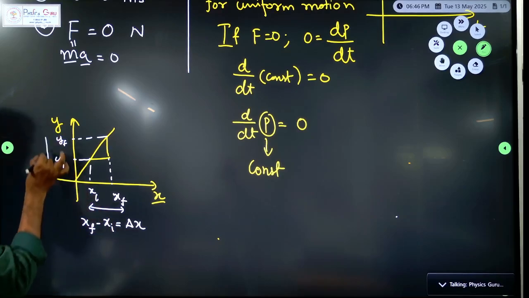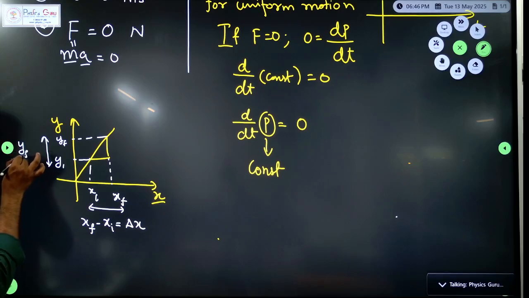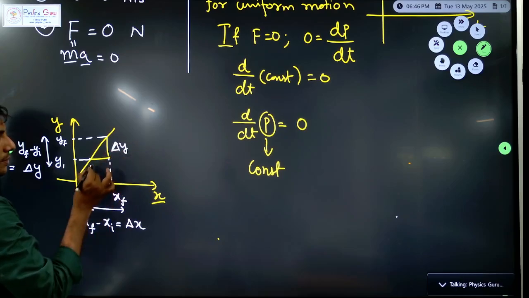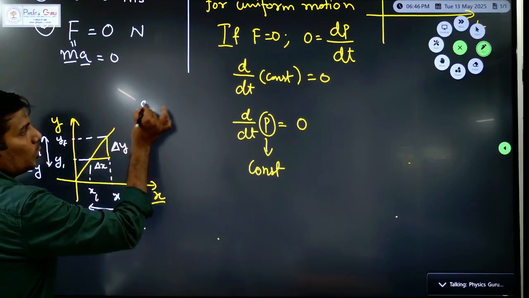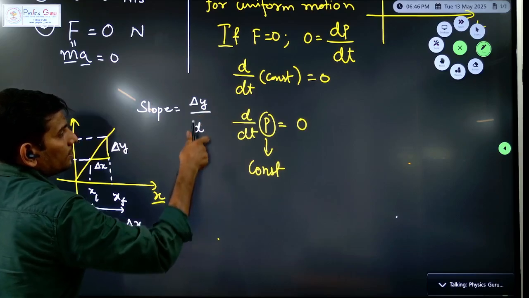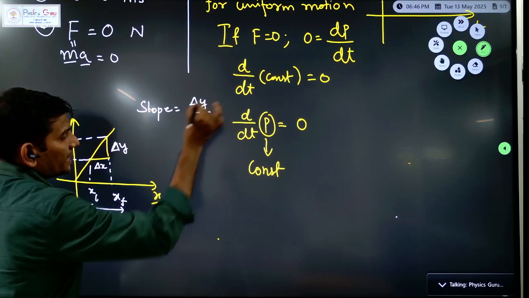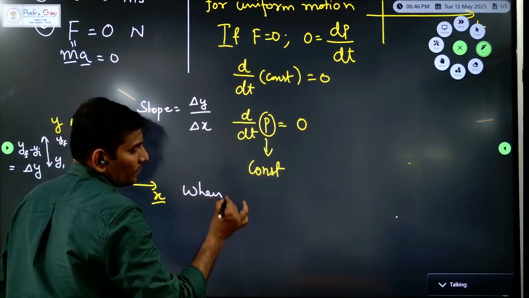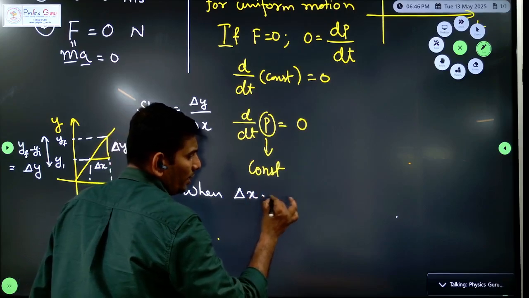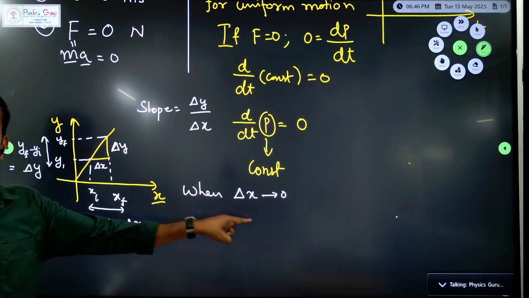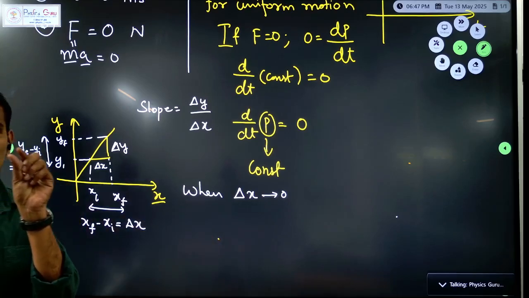Similarly, this height is y final minus y initial, which is equal to change in y. What is slope? Slope is equal to change in y divided by change in x. Got it? When this change in x is very small, I am not saying it is equal to 0, it is approximately equal to 0, teeny tiny small.